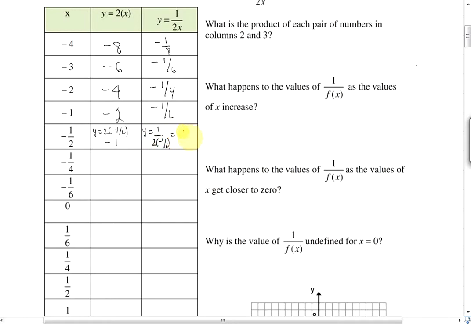Then I get 1 over -1, which equals -1. So look at that. We get a -1 and we get a -1. And we'll take a look at why that is later.